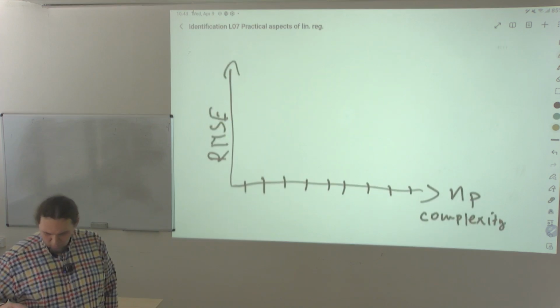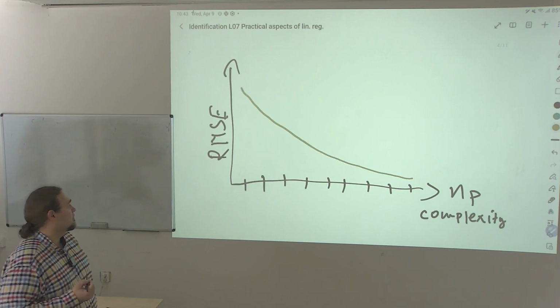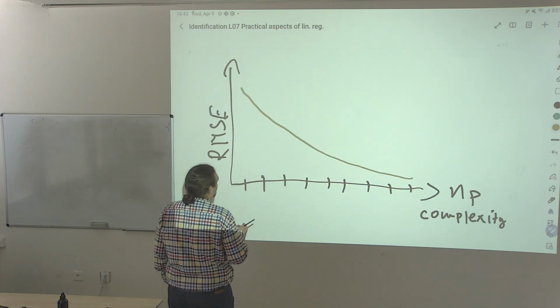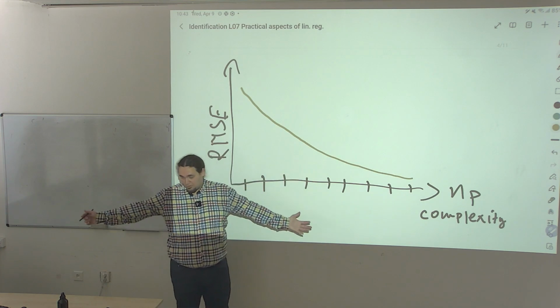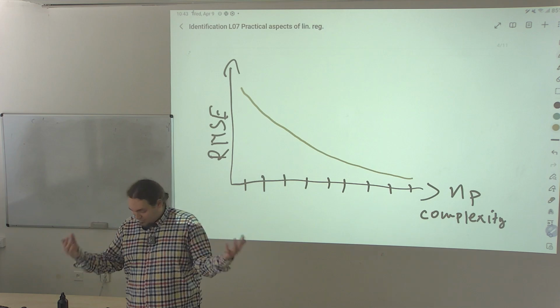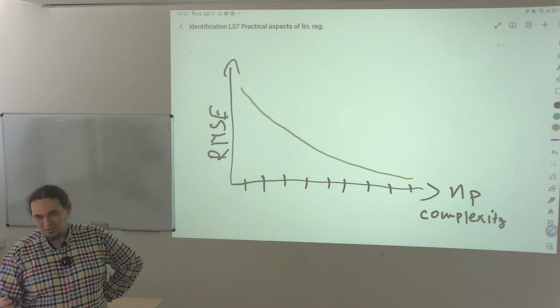What was the training, the yellow one? Well, what we can typically observe for the training data is that the more terms we add, well, our model is based on optimization. It tries to please us. It tries to minimize the prediction error.